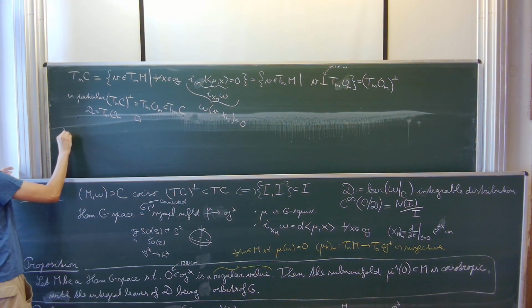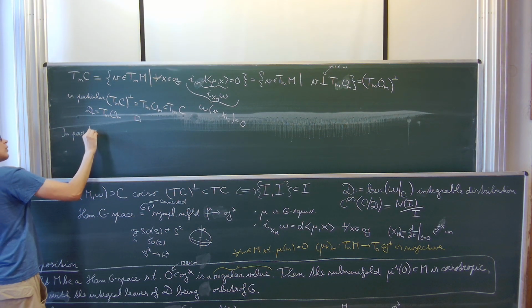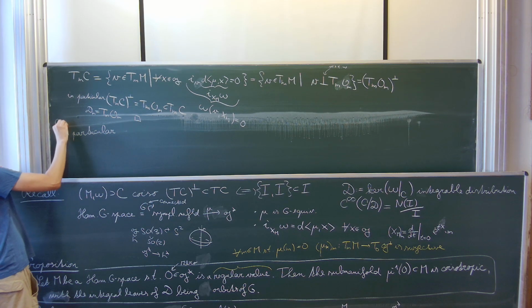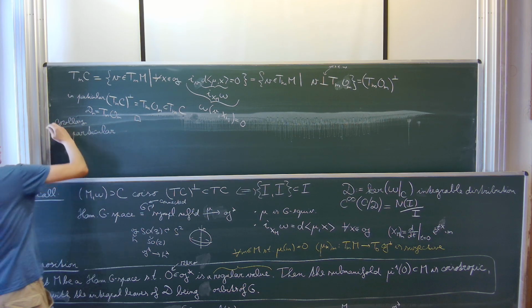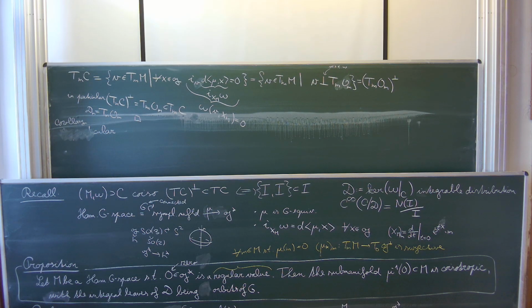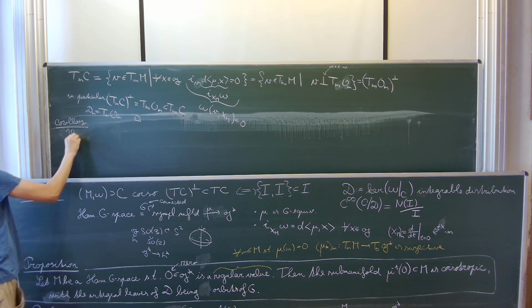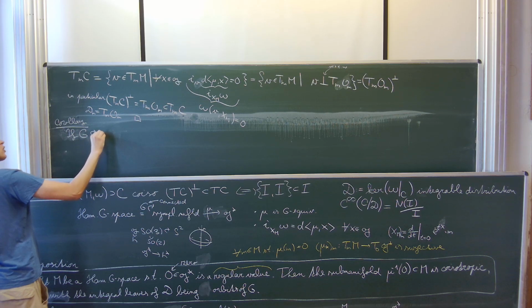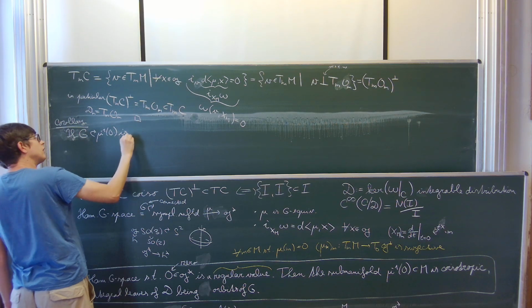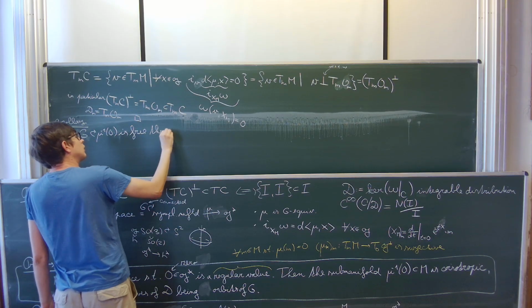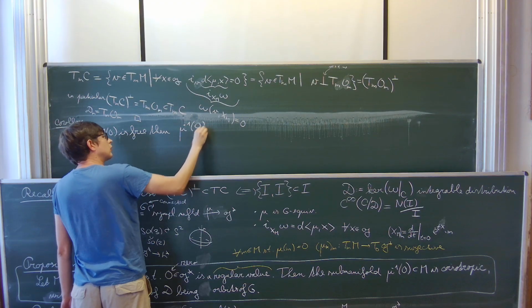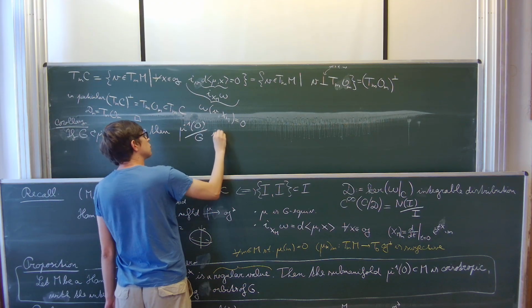Okay, so in particular, we see, let's call it corollary. Corollary of this is that if the action of G on this pre-image is free, then this thing is symplectic.